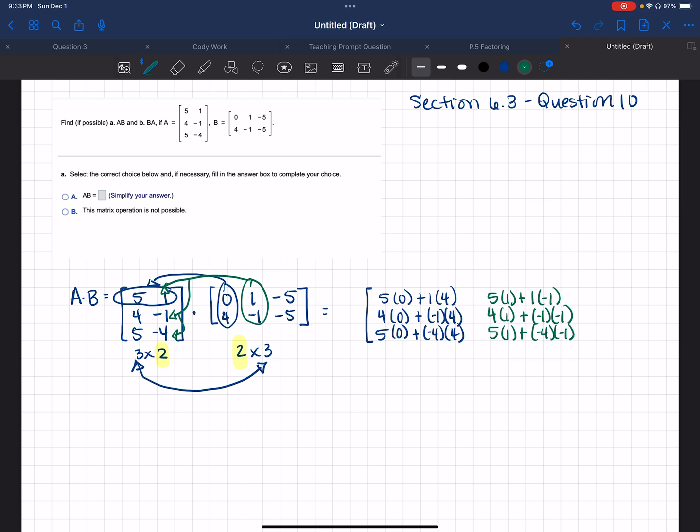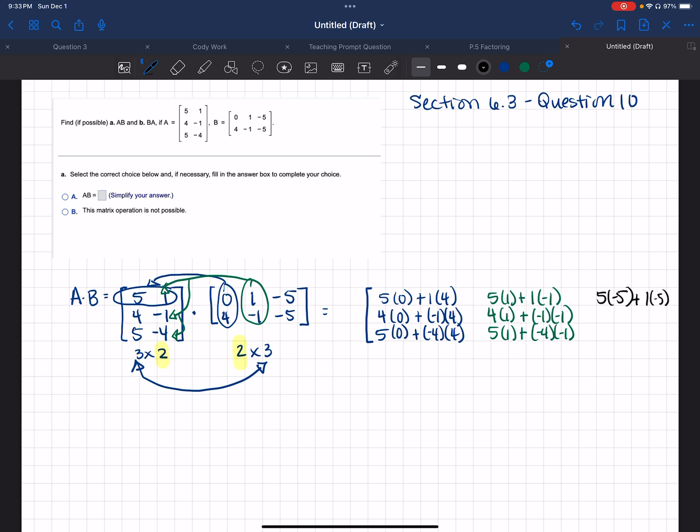Now I'm going to do the same thing with the last column of the second matrix, multiplying it times each row of the first matrix. So that gives me 5 times negative 5 plus 1 times negative 5.